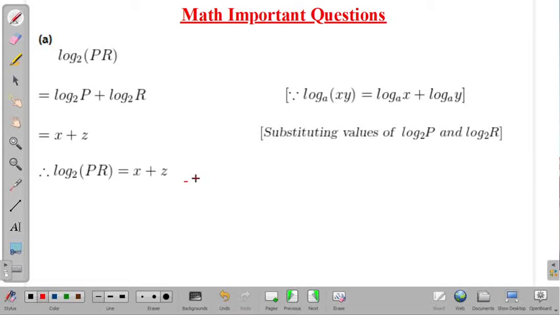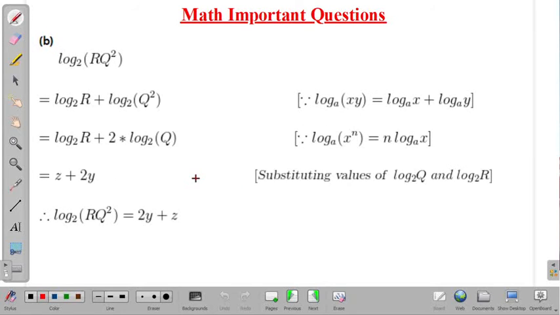Okay. Coming to the next part, here we need to find the value of log of R Q raised to the power 2. And again we will use the same formula, log of xy equal to log x plus log y. So considering r as x and q square as y, it can be written as log r plus log of q square.